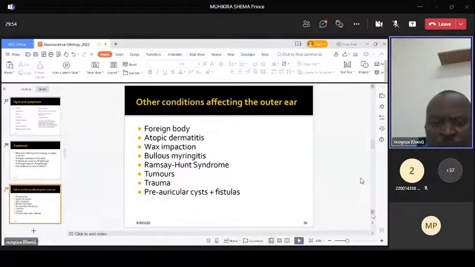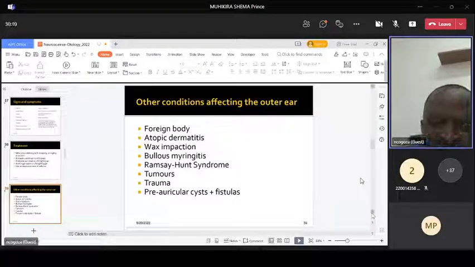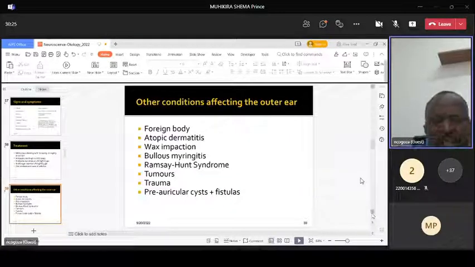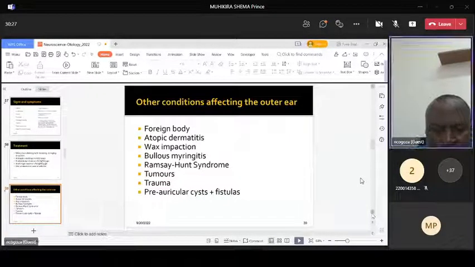Apart from this infection, we can also have other causes, other affections of the outer ear, like foreign bodies, like wax impaction, like other systemic diseases, like in the case of zona, Ramsay-Hunt syndrome, which is zona in immunosuppressed patients, tumors, trauma, cyst, fistula.